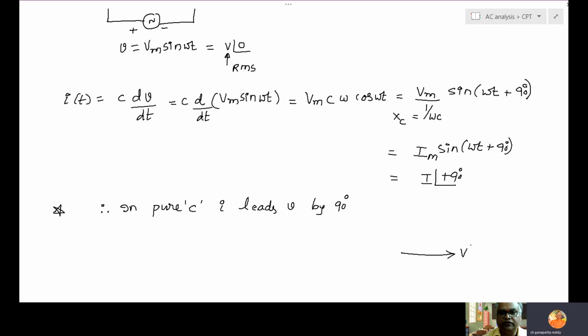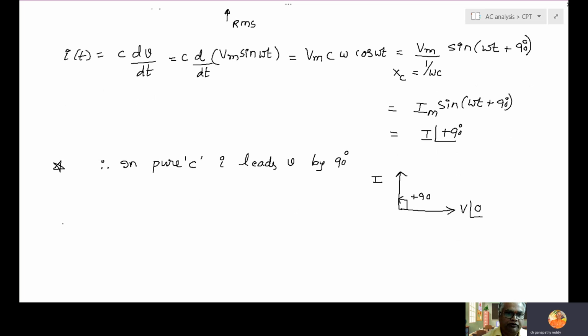This is the applied voltage V of angle 0. So current is leading by 90 degrees. This angle is plus 90, and this is current I. So this is the phasor form representation, mathematically proved.